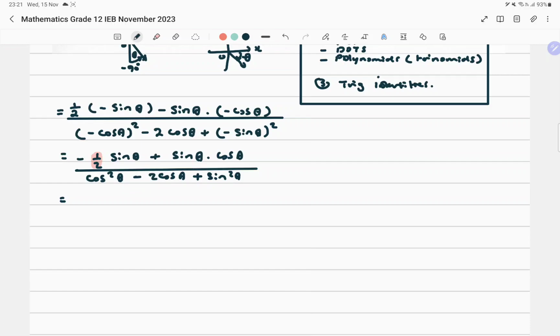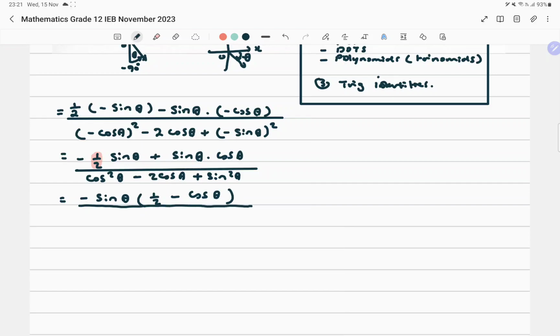But anyway, let's just continue with our factorization. We will find a way of making it work. Sometimes certain things, the first time, they don't look right. This is why you need your RW there. Let's take out a minus sine theta. What we end up with is a half minus cos theta.